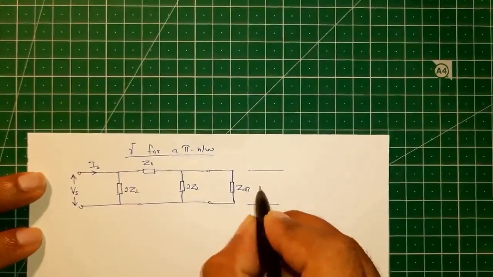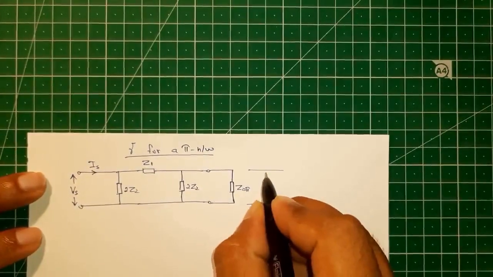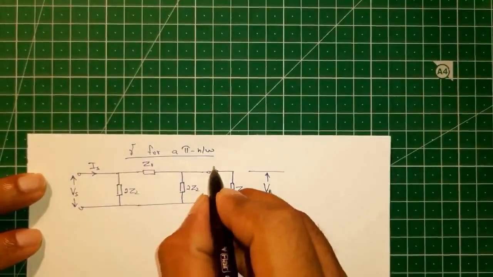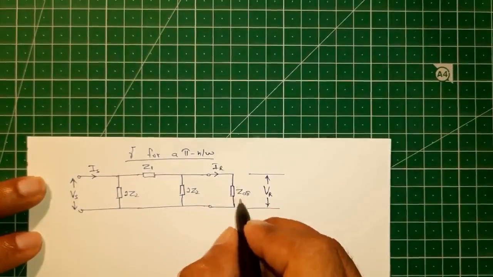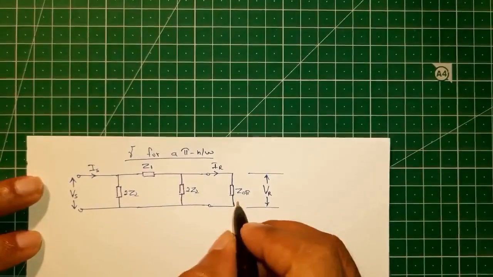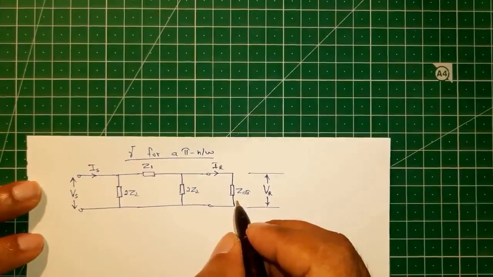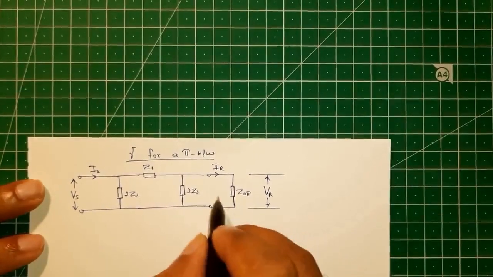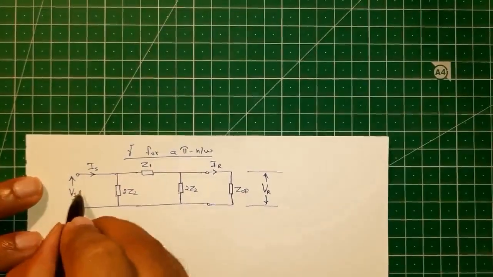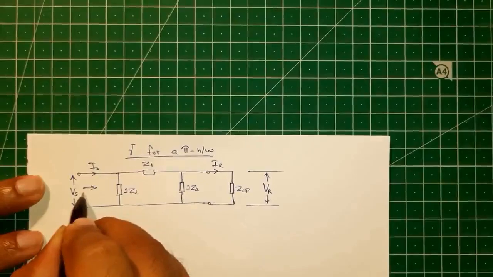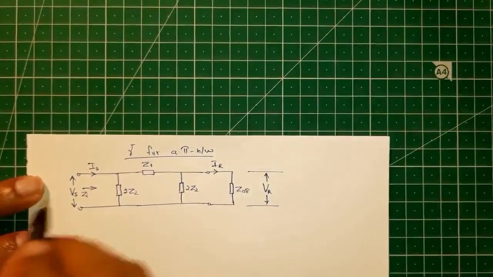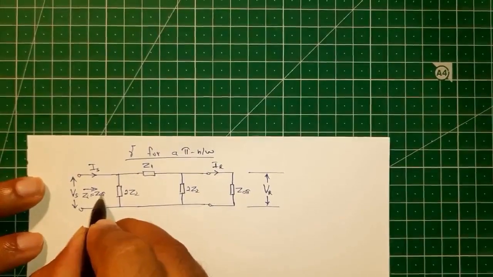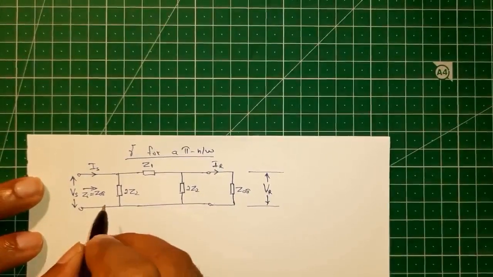At the receiving end, we have the receiving end voltage Vr and the receiving end current IR, which is going to flow through this characteristic impedance Z0 pi. So this network is terminated by its characteristic impedance Z0 pi, so that when we look at this network from the input side, the input impedance Zi will be equal to its characteristic impedance Z0 pi. This is as per the definition of characteristic impedance.